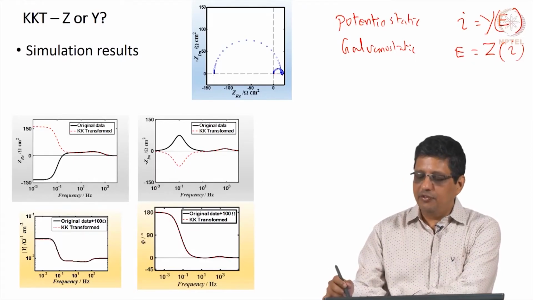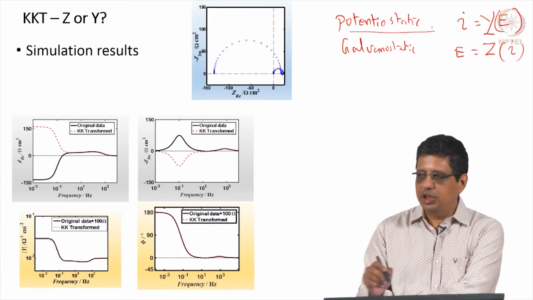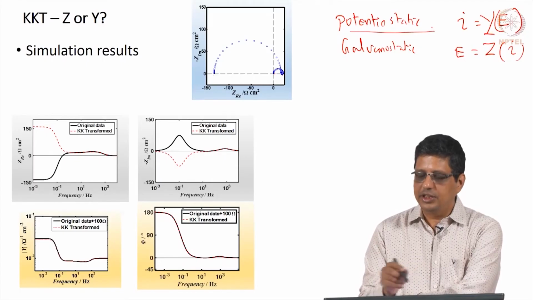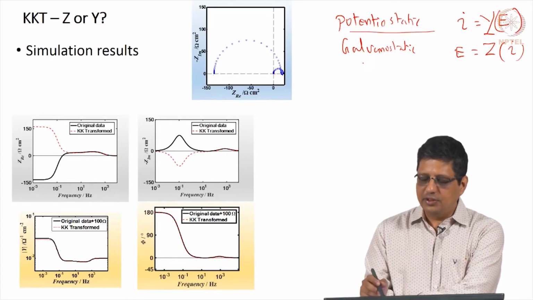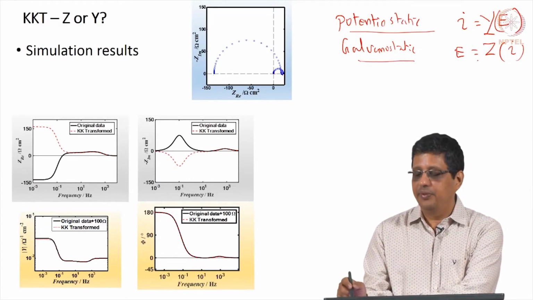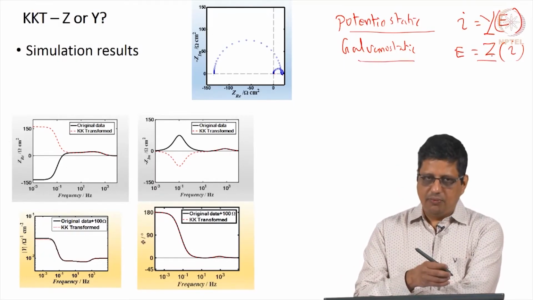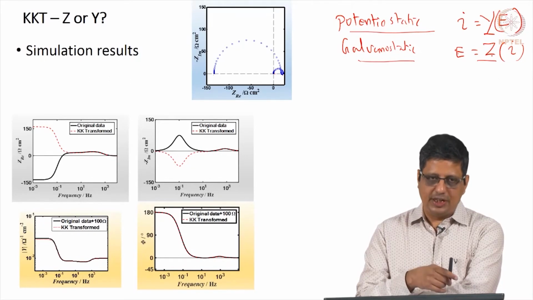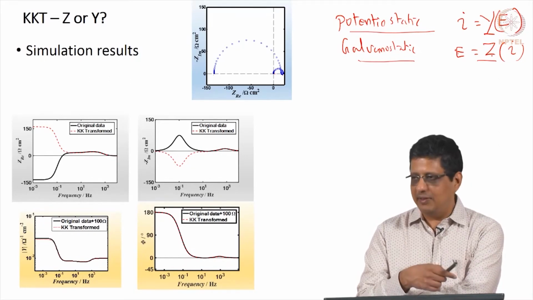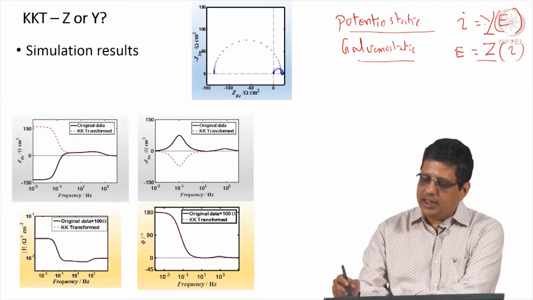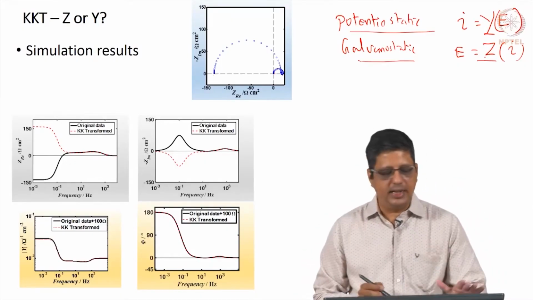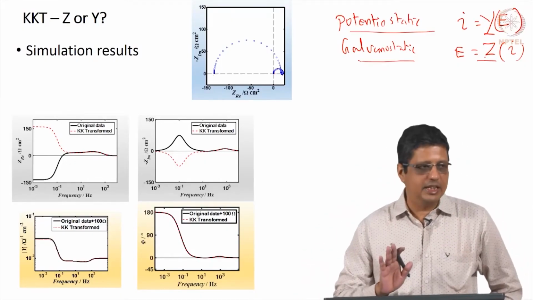So, the transfer function for potentiostatic EIS acquisition is admittance, the transfer function for galvanostatic EIS measurement is impedance. If the system works well under both conditions, potentiostatic as well as galvanostatic, then you can use either admittance or impedance, and in both cases KKT will show you that it matches well as long as it is linear, causal and stable.